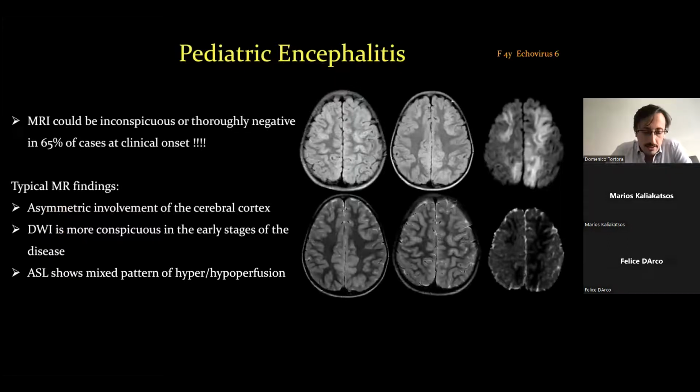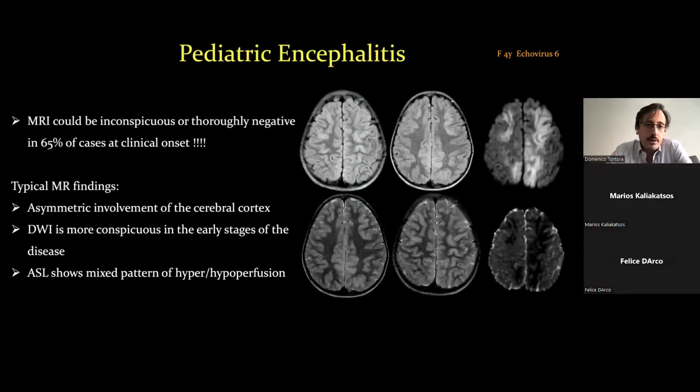And it's important to know that in more than 60% of cases at clinical onset, MRI could be inconspicuous. In many cases, MRI images are completely normal, despite the severe neurologic state of the patient.